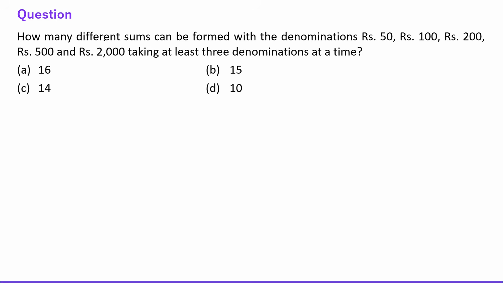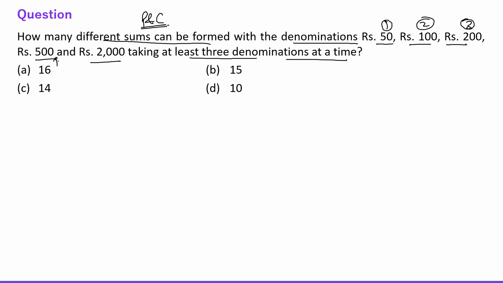The next question is: how many different sums can be formed with the denominations 50, 100, 200, 500 and 2000, taking at least 3 denominations at a time? Friends, this question belongs to permutation and combination. Here the 5 denominations are given, 1, 2, 3, 4 and 5, and we need to take at least 3 at a time.